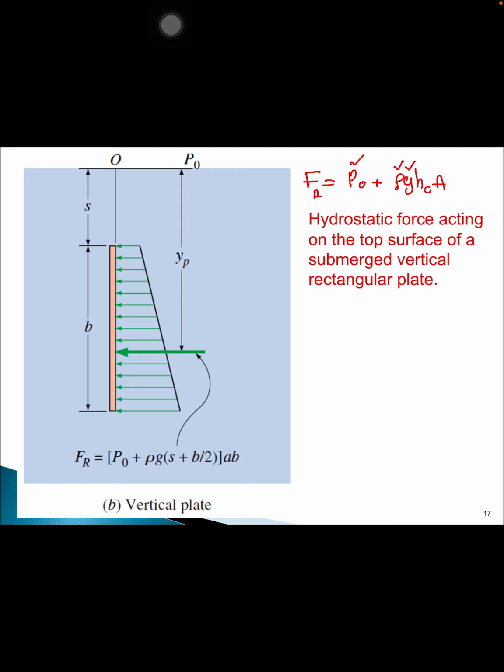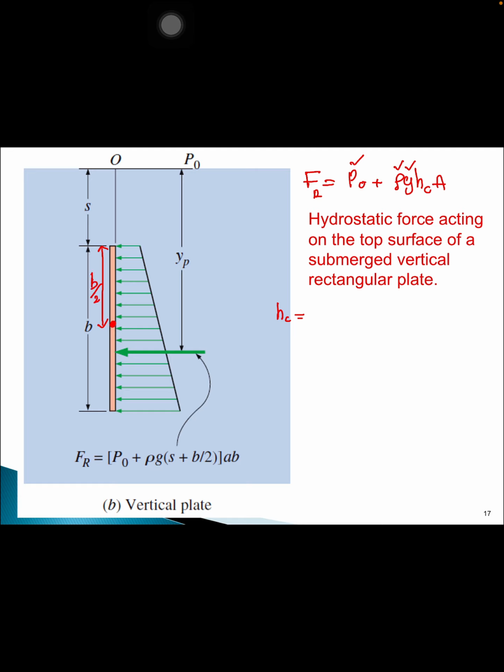But H centroid we have to find from the diagram. H centroid is the distance between the center of the object and the surface of the liquid. This is also a rectangle, so the center is at the middle, so here B over 2.